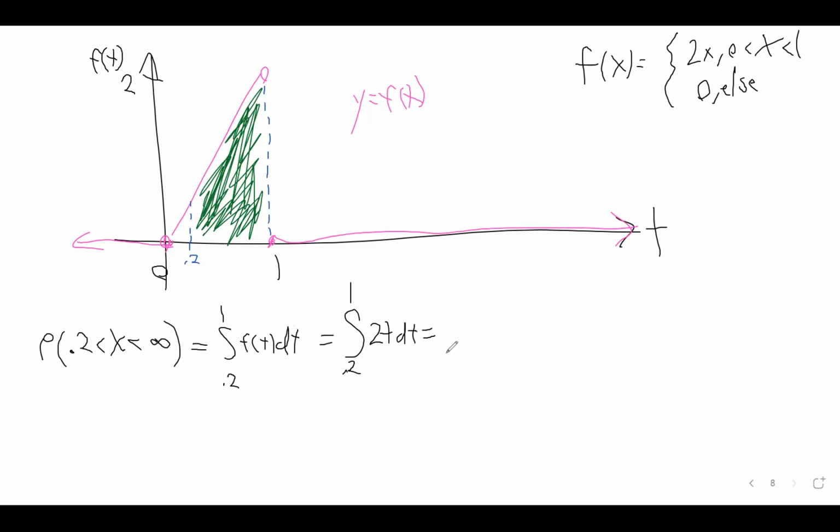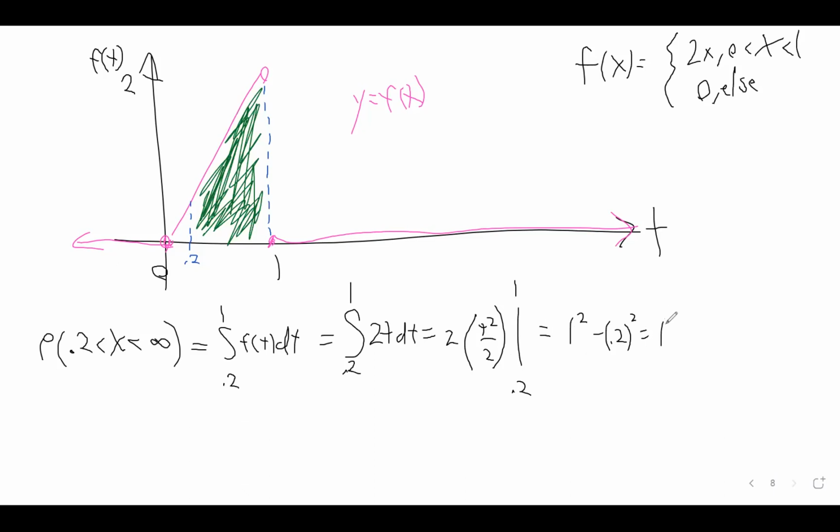And so this is equal to 2 times t squared over 2, the antiderivative of t, evaluated from 0.2 to 1. The 2 and 1/2 cancel, you get t squared evaluated from 0.2 to 1. You get 1 squared minus 0.2 squared.